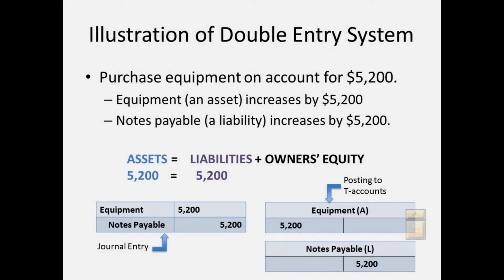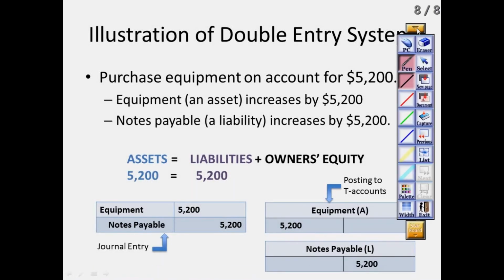So I have the machine, it's really mine, even though I haven't paid for it. So what has gone up in my world? Liabilities and assets, right? I have a machine, and I have equipment, which is an asset, and it's gone up.